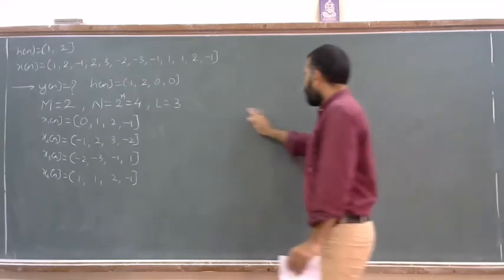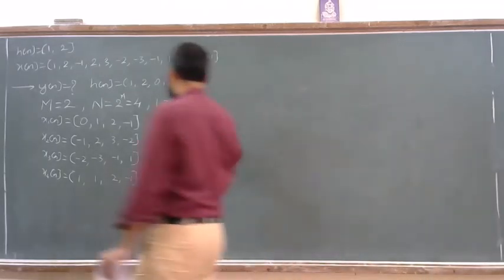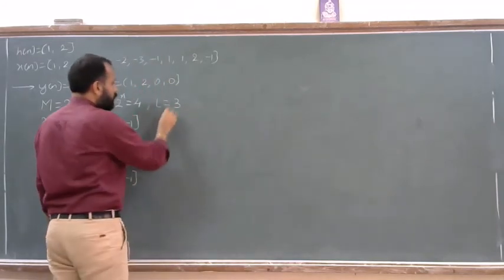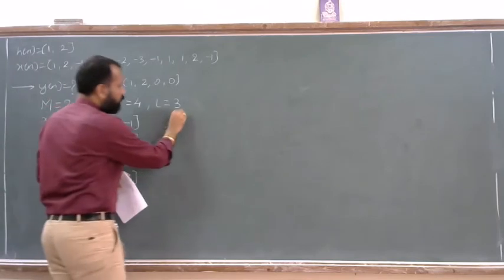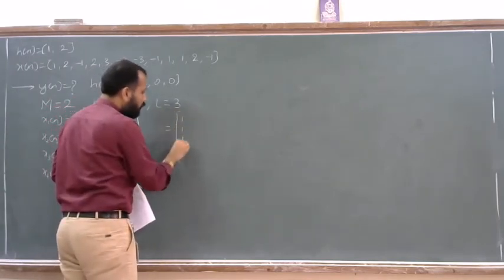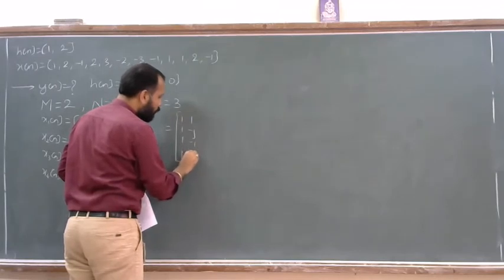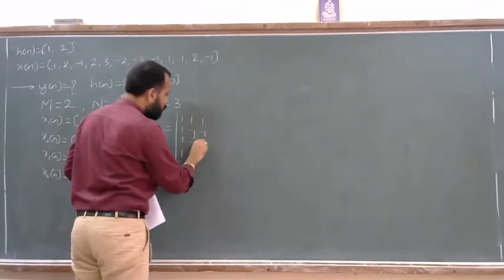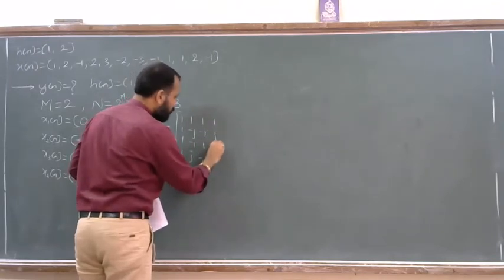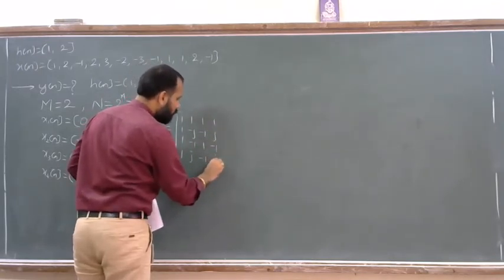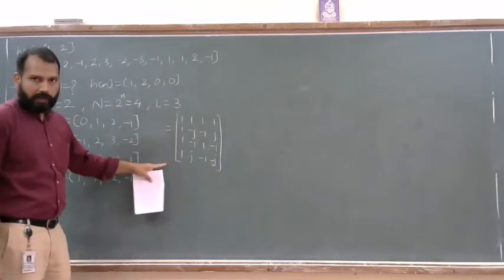Okay. Now let us do this. Let us solve this problem in detail. First, to obtain the 4-point DFT of the impulse response, we have to multiply by the twiddle factor matrix. This is the 4 cross 4 twiddle factor matrix.